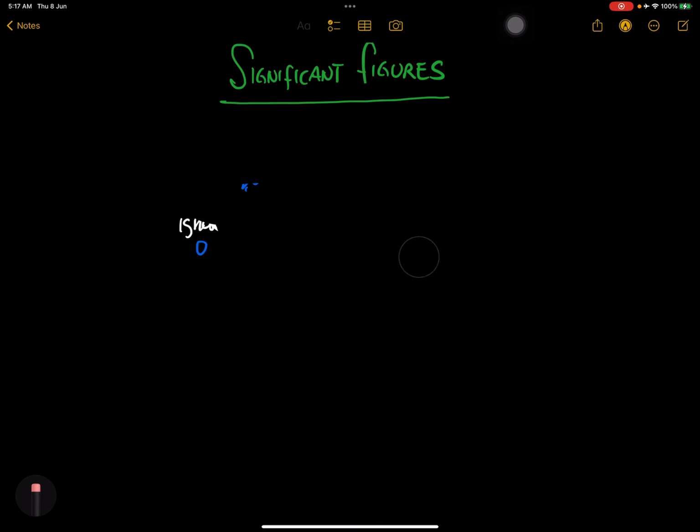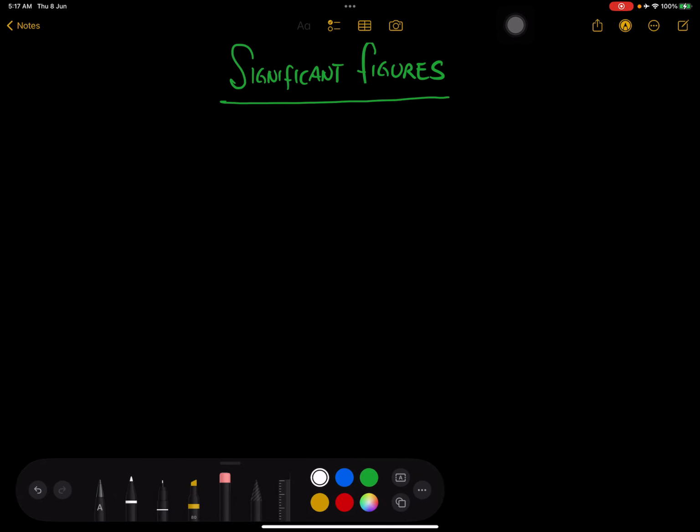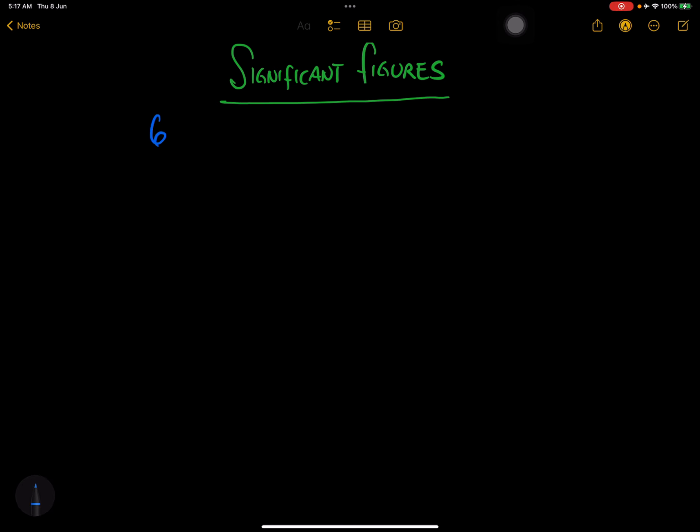So we are going to start and look at this. Imagine you've been given the number 613, and you are being asked how many significant figures. And remember the word significant.